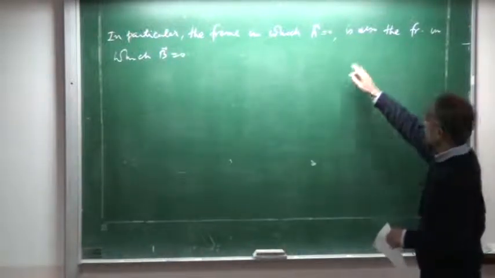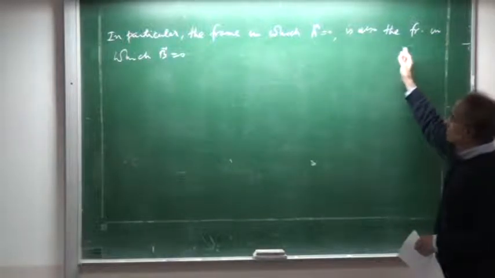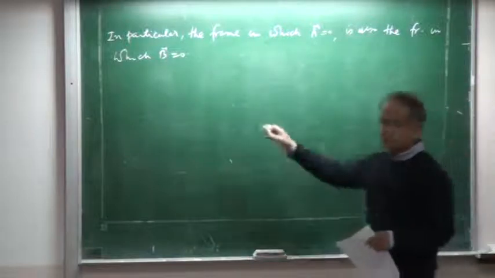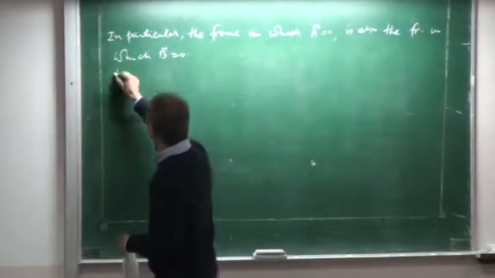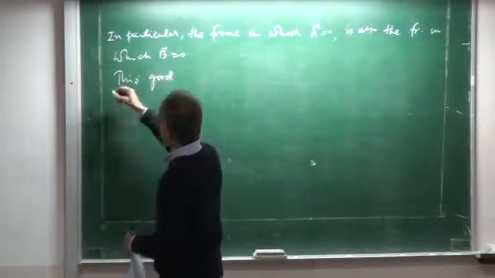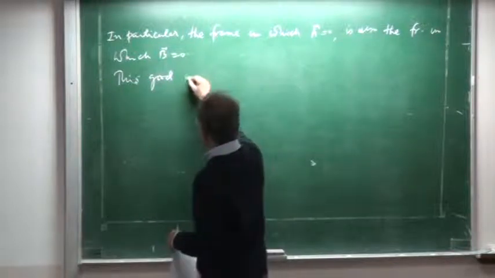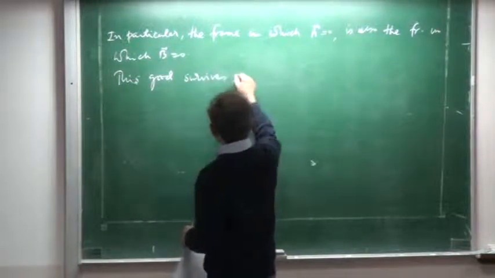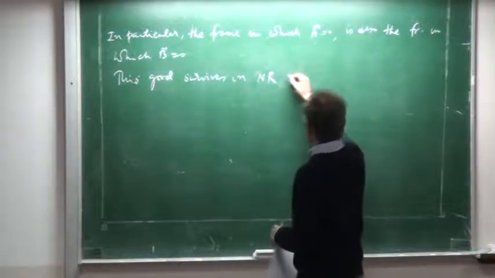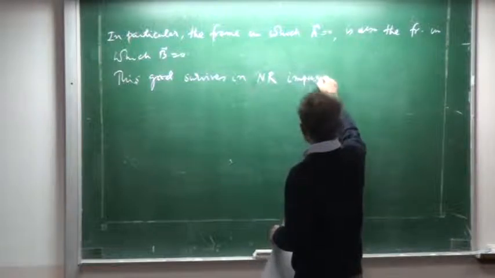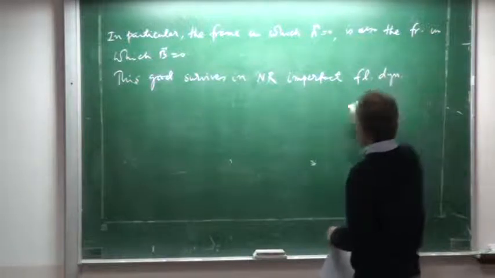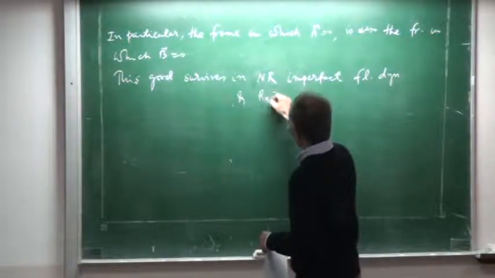The frame in which the mass flux density vector vanishes is also the frame in which the energy flux density vector vanishes. So this good feature, it can be shown, survives in non-relativistic imperfect fluid dynamics and relativistic perfect fluid dynamics.